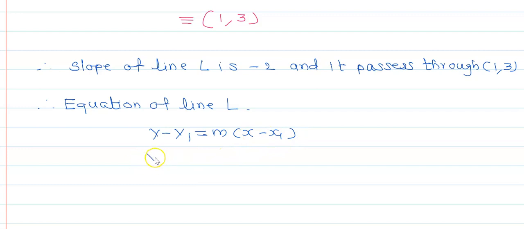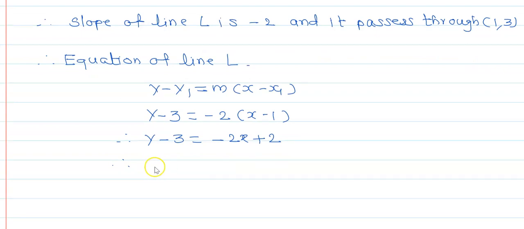Now substitute the values: y minus 3, the value of m is minus 2 in bracket x minus 1, and on simplification, y minus 3 equals minus 2x, minus and minus becomes plus. Therefore, the equation can be written as 2x plus y is equal to this.